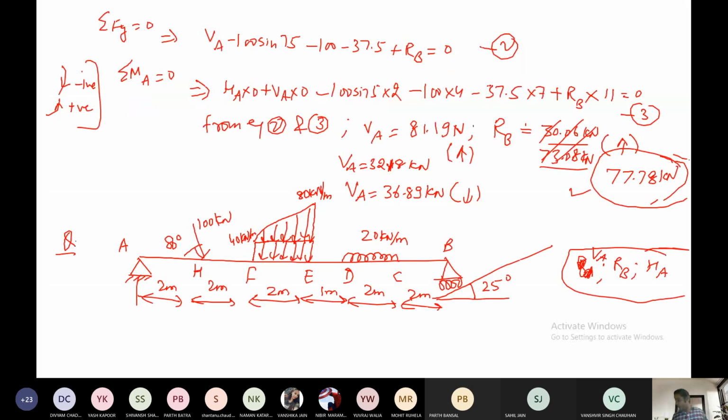Then I will make the FBD, and then you can apply the equations of statics.